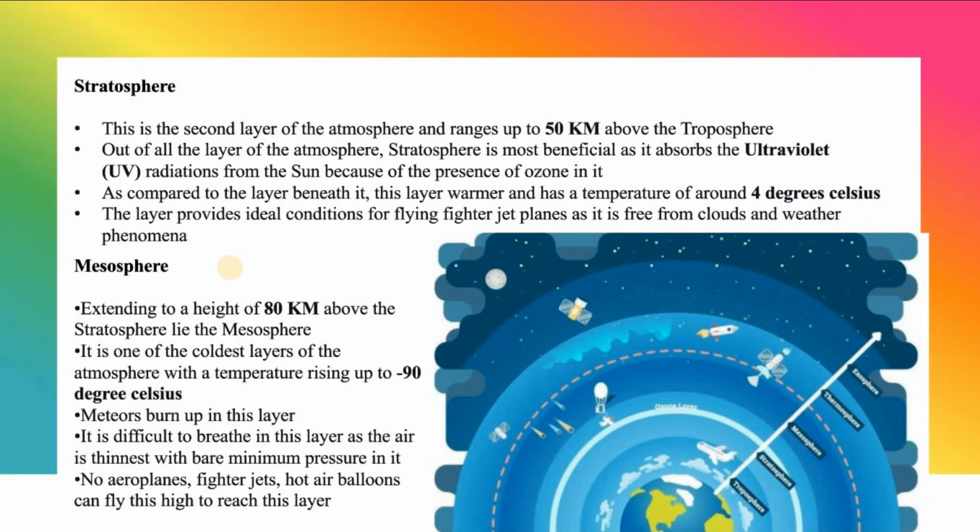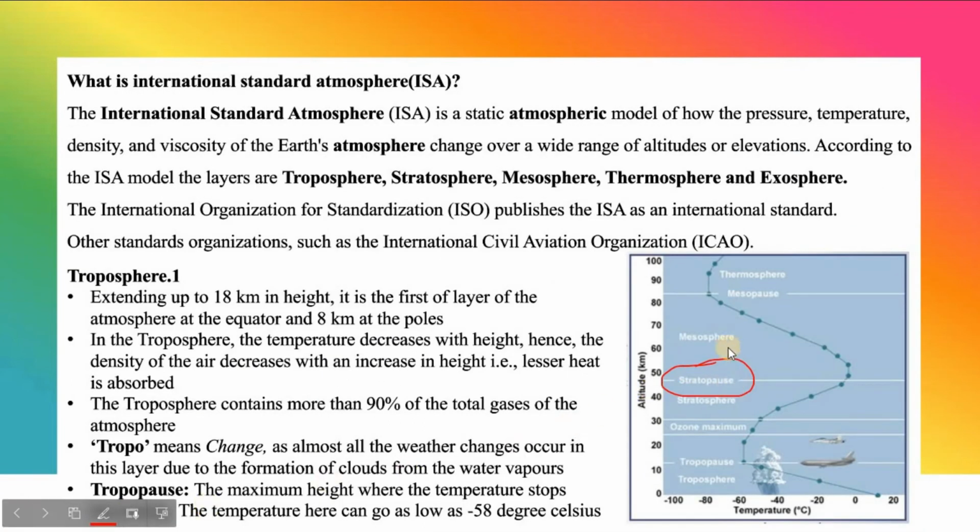It is difficult to breathe in this layer as the air is thinnest with bare minimum pressure. No aeroplanes, fighter jets, or hot air balloons can fly this high to reach this layer. This is the mesosphere, at its maximum height.